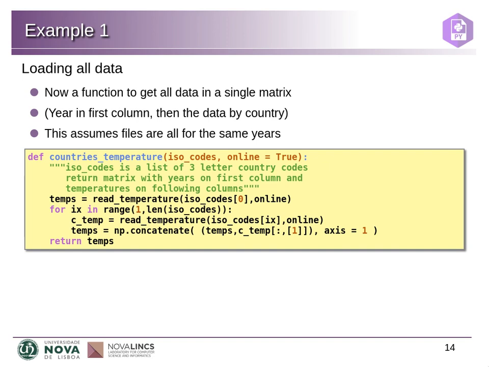So we need the first matrix, which has 2 columns with all the years and the data for the first country, and we need the data for the second country as a column also in 2 dimensions, so it can be stacked with the first matrix. And that's why I'm getting from this temperature all the rows and only the second column, but as a column. I need these extra brackets there to retain the same shape.